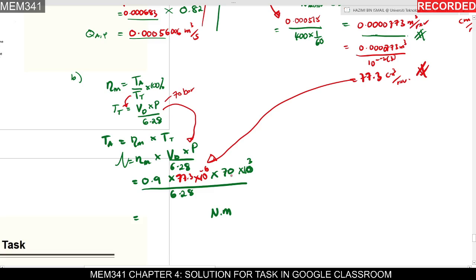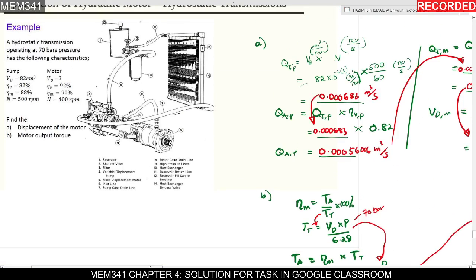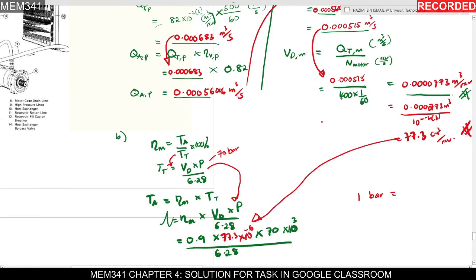So in Pascal, you have to convert it, because 1 bar equals 10 to the power of 5 Pa.